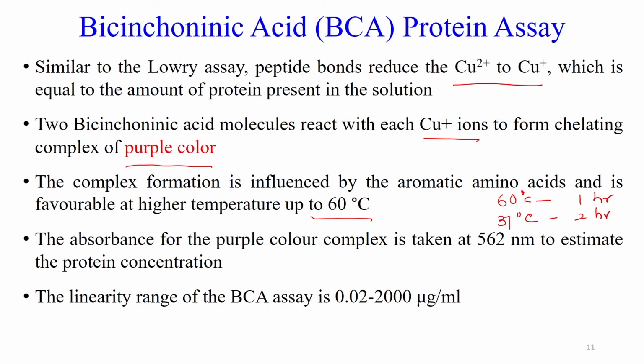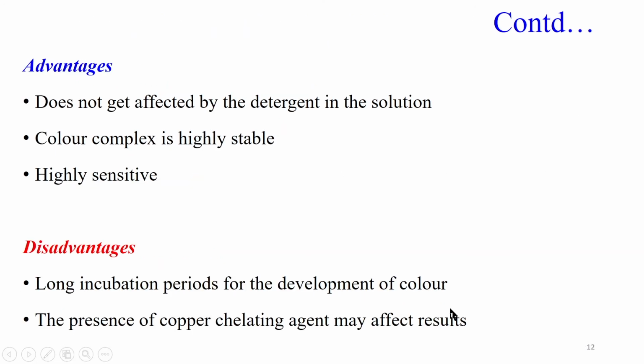So, after the incubation we get the purple color, then we can measure the absorbance at 562 nanometer to estimate the protein concentration, and its linearity range varies between 0.02 to 2000 microgram per ml. So, it has certain merits. This process is not affected by the detergent in the solution.